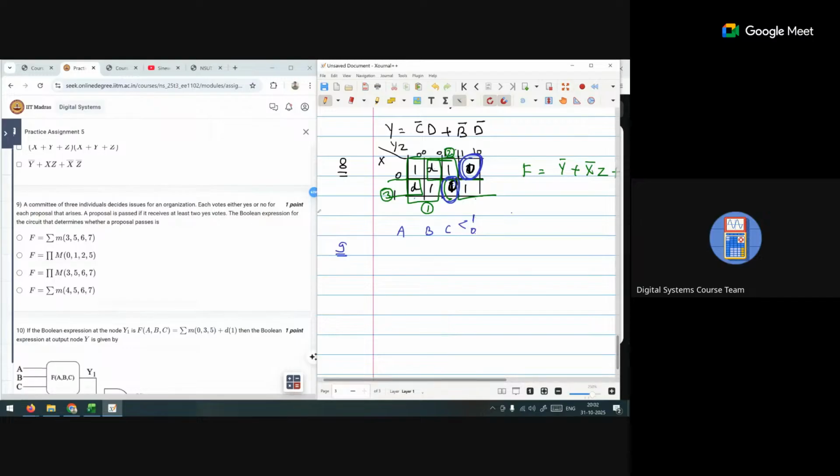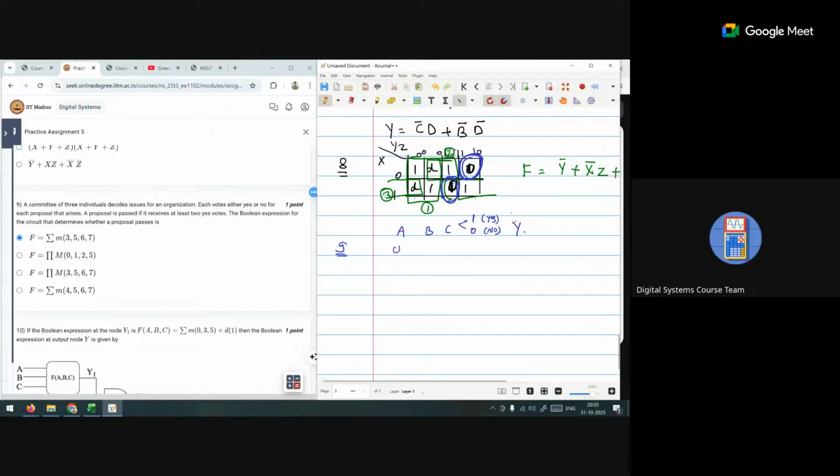Yes means 1 and no means 0. A proposal is passed if it receives at least 2 yes votes. The Boolean expression of the circuit that determines whether a proposal passes is y.